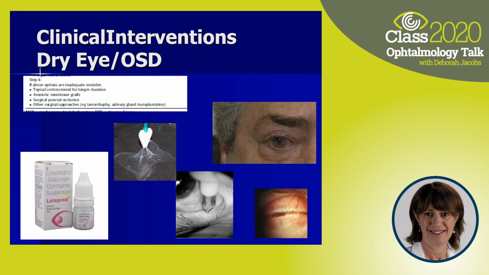And then there are self-retaining forms of amniotic membrane in which the membrane is adherent to a ring that is placed in the eye, much like a therapeutic contact lens, for a number of days.